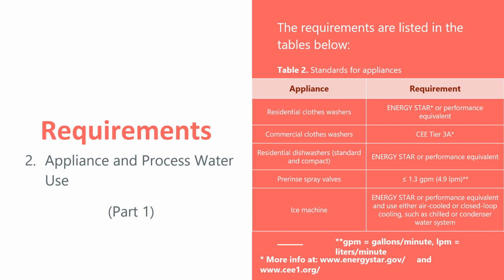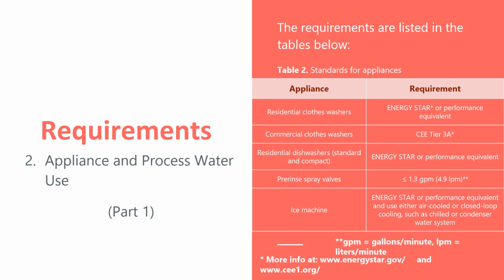The second requirement applies to the appliance and process water use of buildings. Table 2 displays the requirements of certain appliances, including residential clothes washers and residential dishwashers, both of which must meet Energy Star or performance equivalent, commercial clothes washers, which must meet CEE Tier 3A, pre-rinse spray valves, which must be less than or equal to 1.3 GPM, which is gallons per minute.